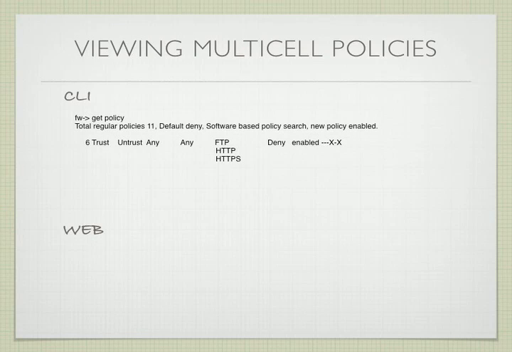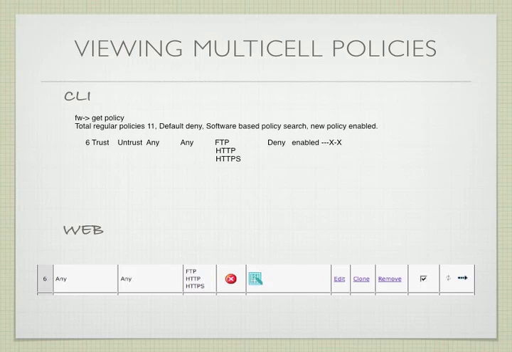If you want to see what's in a policy, when you do the standard get policy, it will list all those services that are there on the command line. And likewise, when the policy is listed in the web, the list of services multiple selected are listed in the box here.